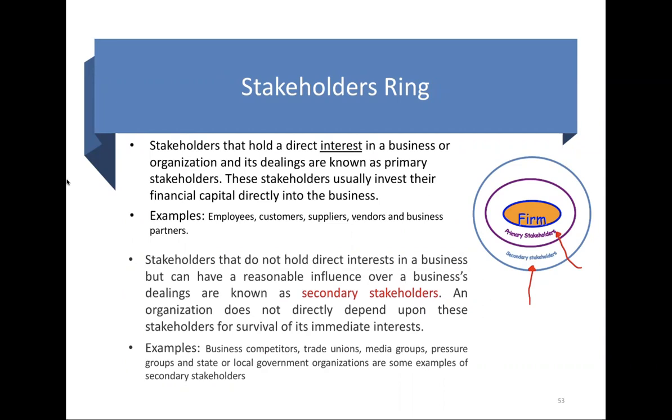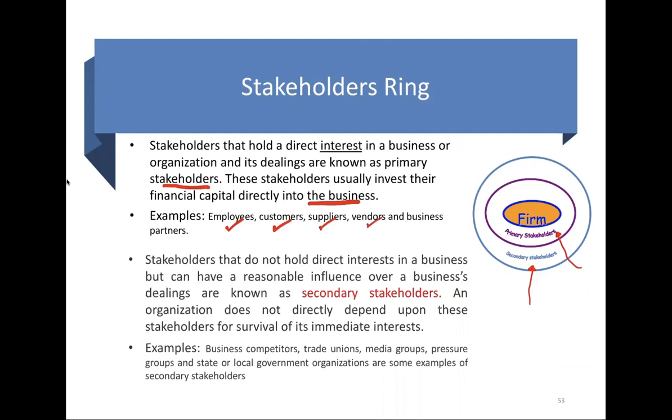Primary stakeholders are those that hold a direct interest in a business organization and its dealings. These stakeholders usually invest their financial capital directly in the business. Examples of primary stakeholders include employees, customers, suppliers, vendors, and business partners.